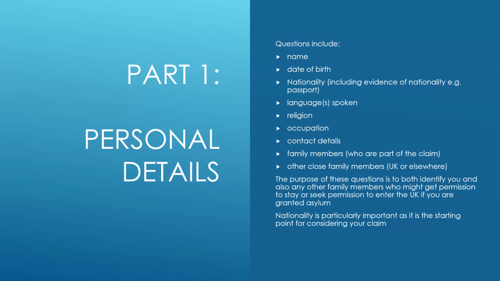Now, I'm going to go through the various parts of that screening interview because, as I've said, the information is typed into the form itself, so we're able to see what questions they're going to ask.